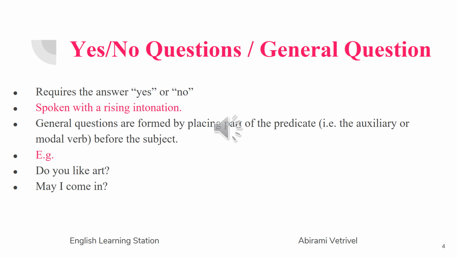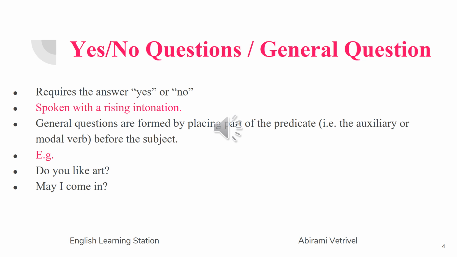The second type of interrogative sentence is yes or no question or general question. A yes or no question or general question requires the answer yes or no and is spoken with a rising intonation. General questions are formed by placing part of the predicate, that is, the auxiliary or modal verb, before the subject.